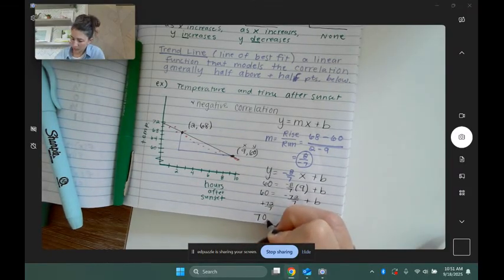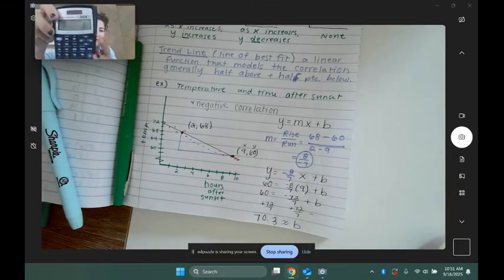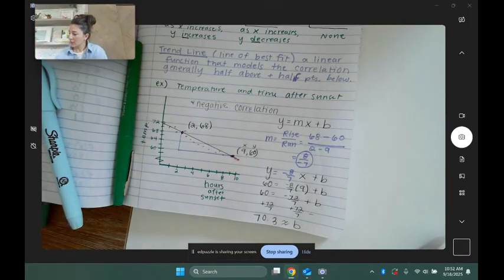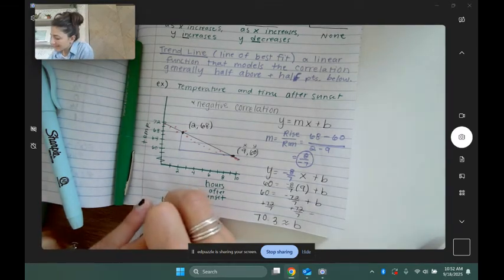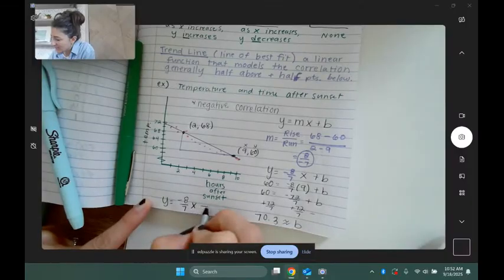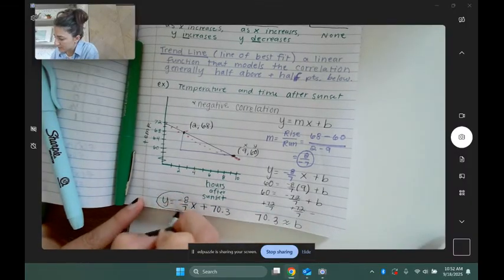It's about 70.3. About, because there are many decimal points there, so I just rounded. 70.28, that 8 rounded the 2 up to a 3. So your trend line will be y equals negative 8/7 x plus 70.3, about.